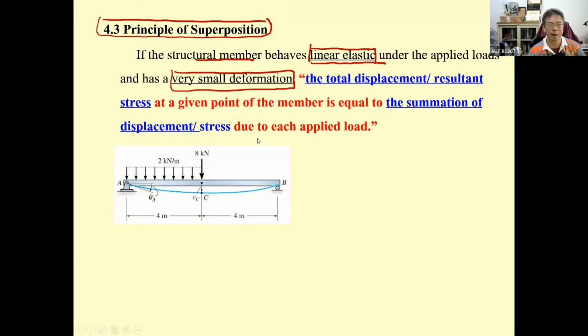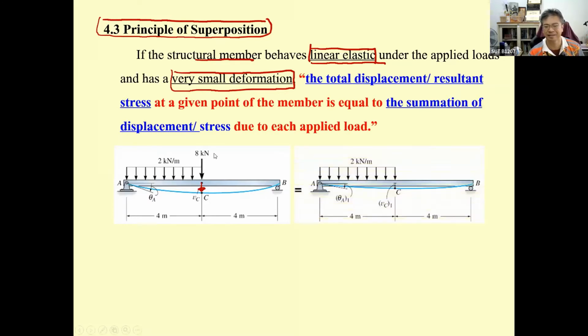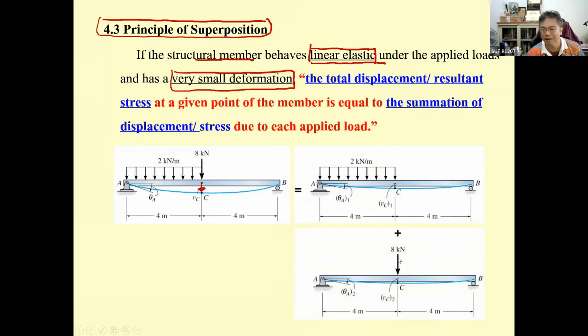What happens is, if you would like to determine the deflection of this beam due to the 8 kilonewton and 2 kilonewton loads, this principle allows you to separate the beam into two beams: one subjected to a uniformly distributed load, another subjected to the 8 kilonewton load.